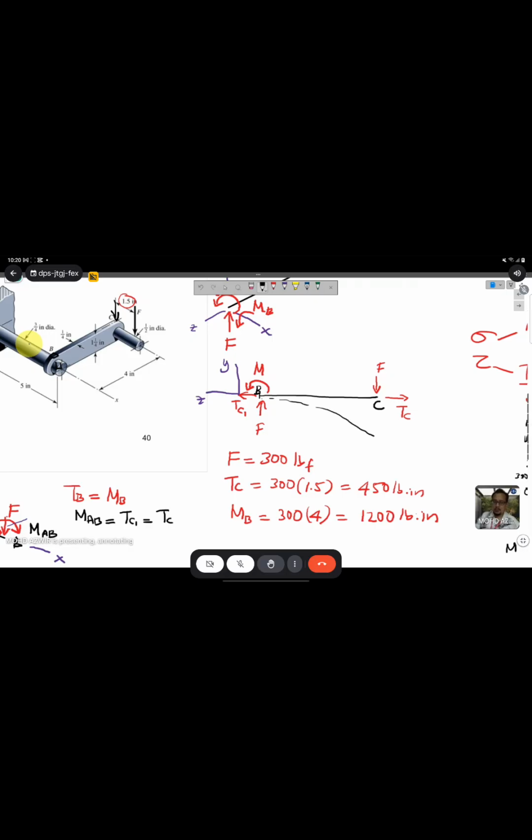At the top we have the normal stress, in this direction. When you try to push this arm, you will have a force or stress in this direction, because it will become tension at the top. At the bottom it will become compressed.